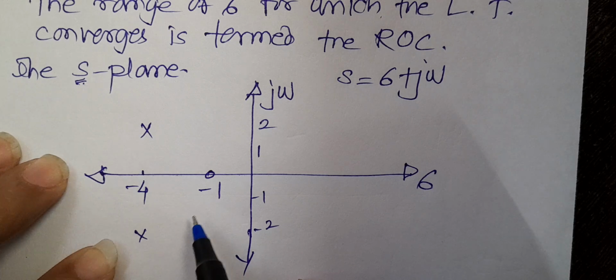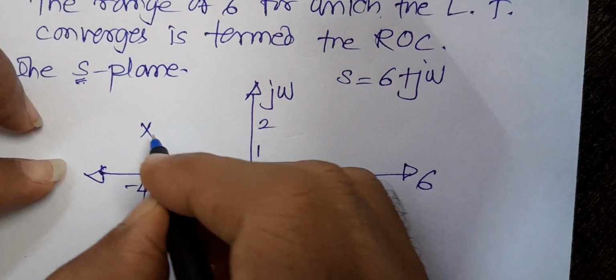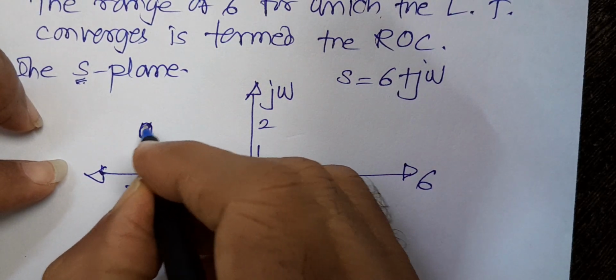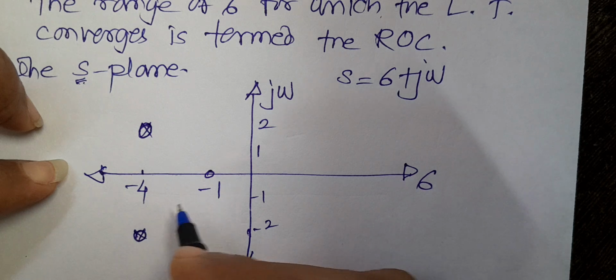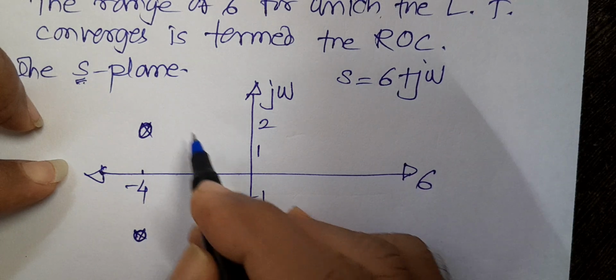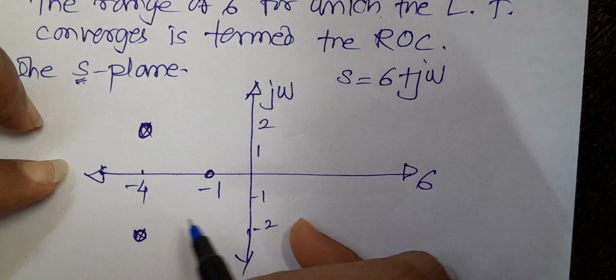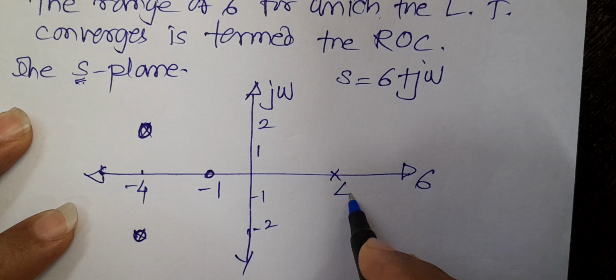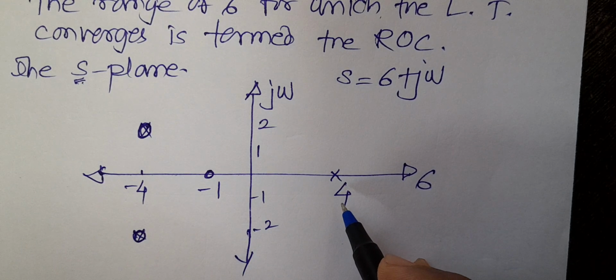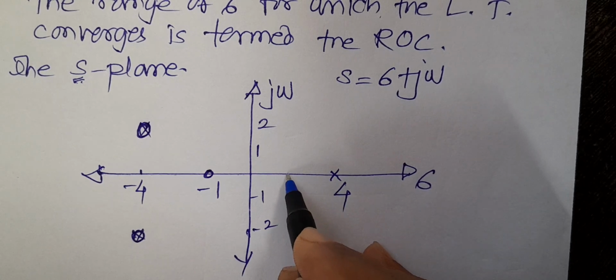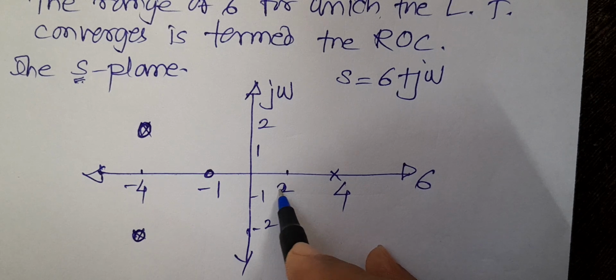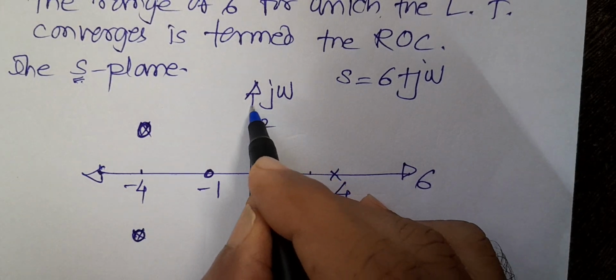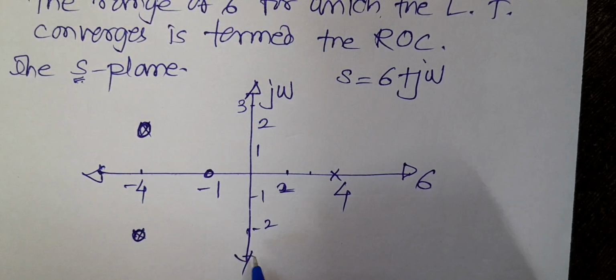Zeros are represented by a small circle. The poles are here at s equal to 4, another pole is at 2, and this is 3, this is minus 3.